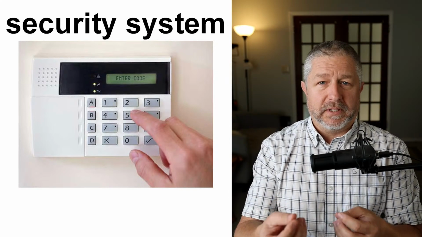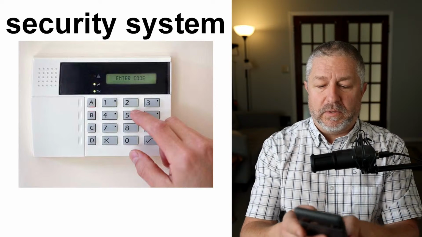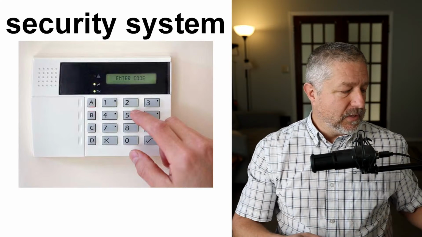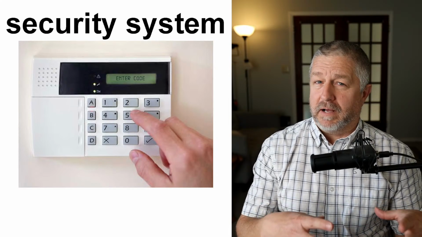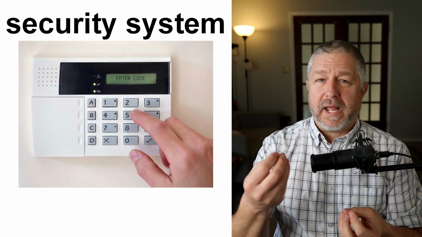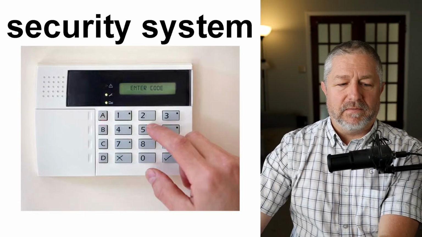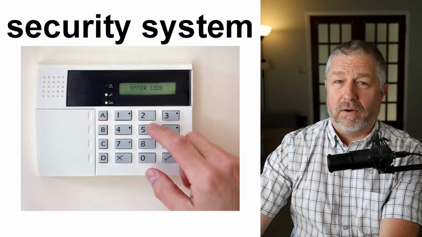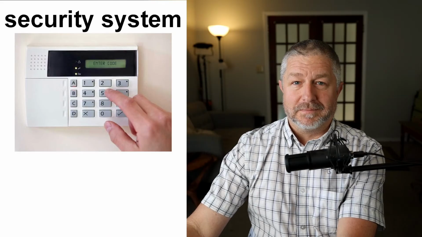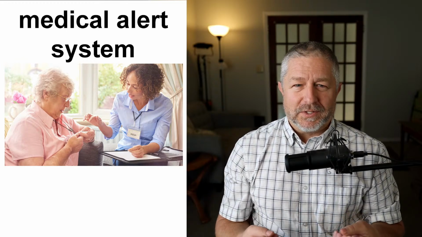So they can call the police. They can call you on your phone to let you know that someone is breaking into your house. So a security system might not have a monthly fee, but if you are paying someone to monitor it, you might be paying a monthly fee so that if something happens, they give you a call or they call the police.